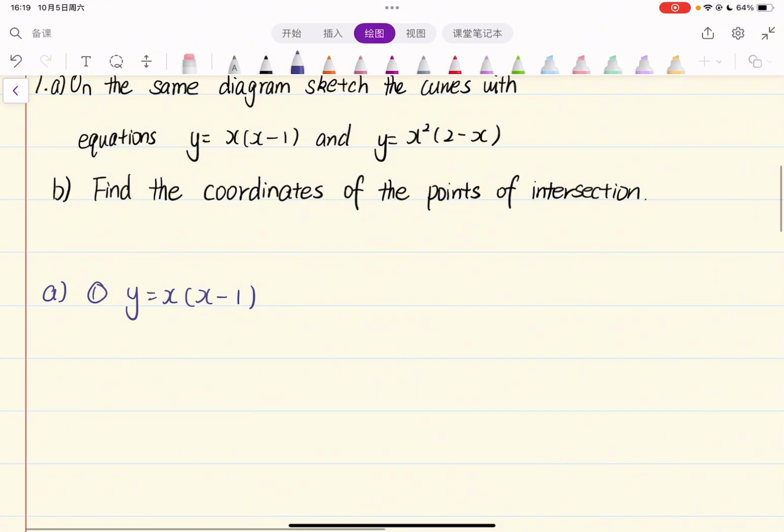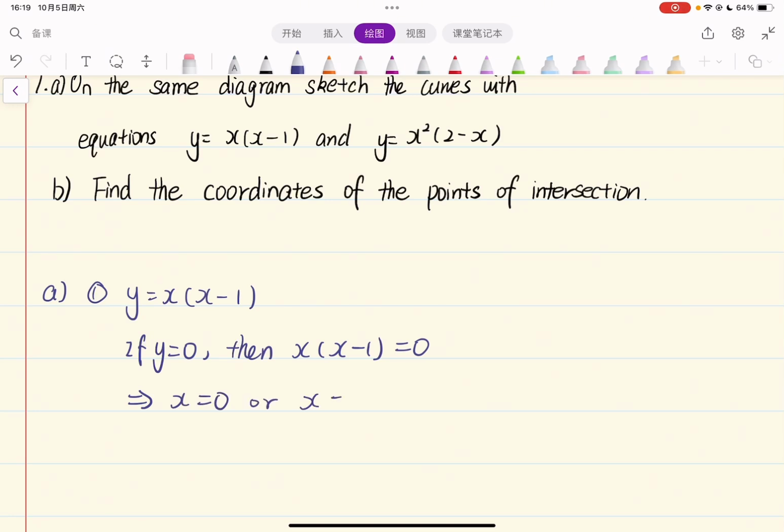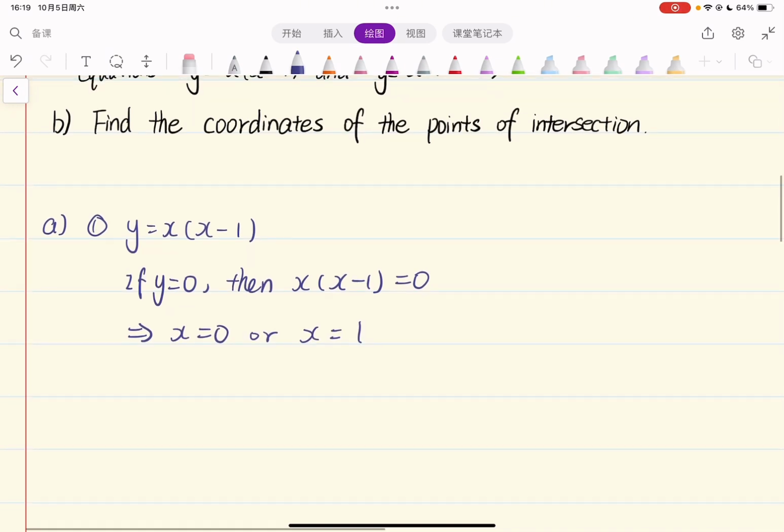So the first thing, if y equals 0, then x times (x minus 1) equals 0, which implies that x equals 0 or x equals 1, which means the curve crosses the x-axis at the origin and (1, 0).